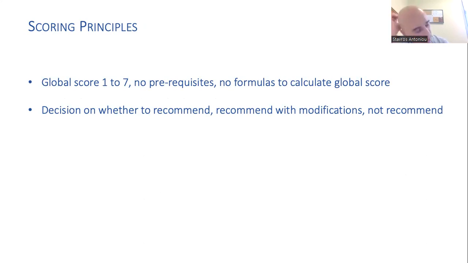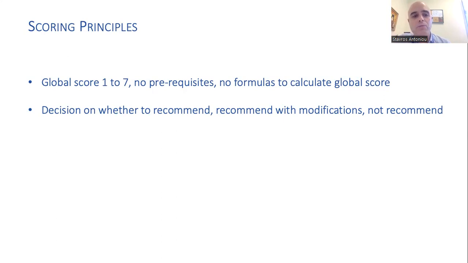I'm highlighting this because there are several studies which have used AGREE with some internal rules. For example, in some of the domains, if the score is, let's say, more than 80%, then this guideline can be recommended for use. There are no such formulas.